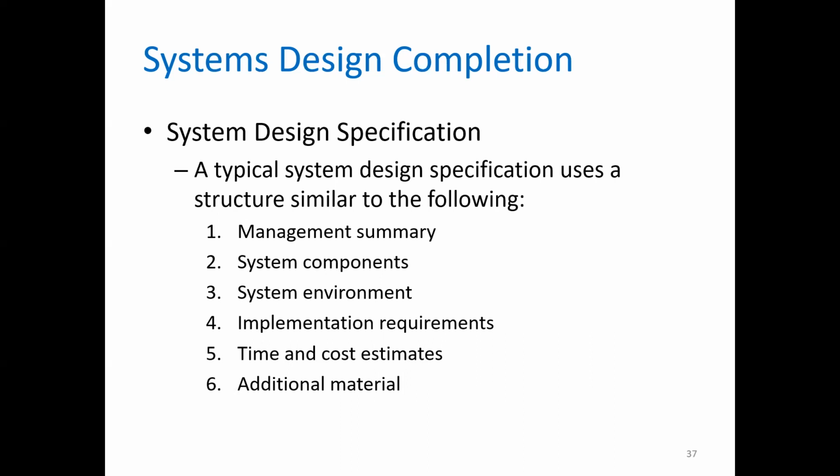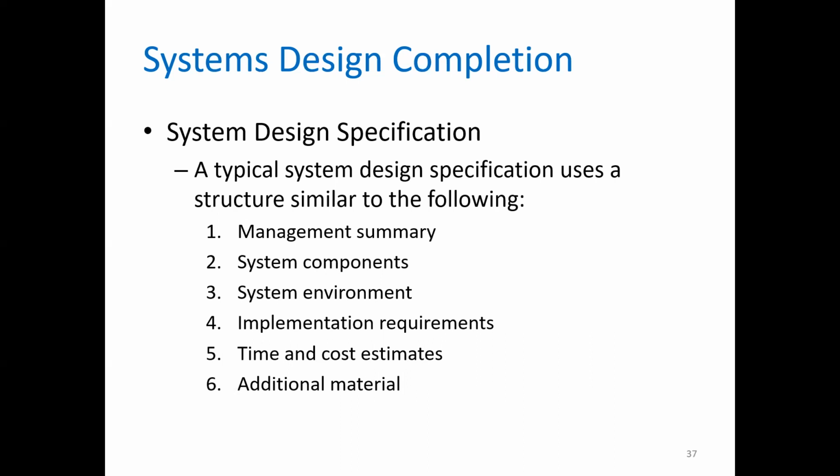Implementation requirements specifies startup processing, initial data entry or acquisition, user training requirements, and software test plans. Time and cost estimates provide detailed schedules, cost estimates, and staffing requirements for the system development phase and revise projections for the remainder of the SDLC.